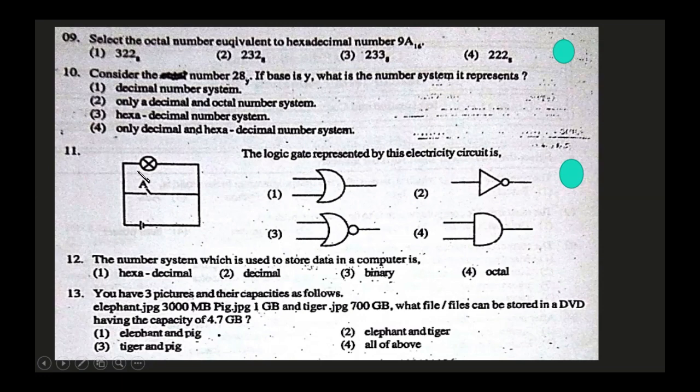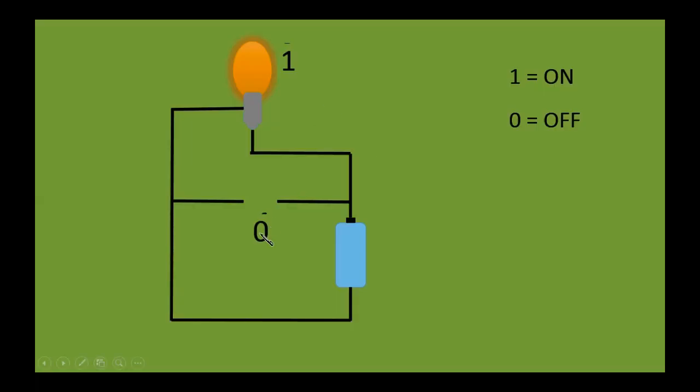So normally when we switch on, the bulb should be on. When we switch off, the bulb should be off. But here the opposite happened. I will show you this. Here you see now the input is 0, that means the switch is off.